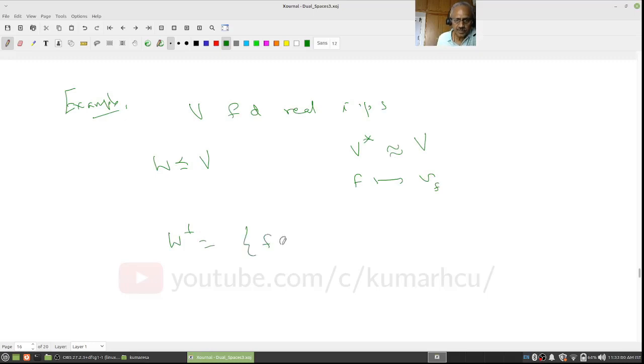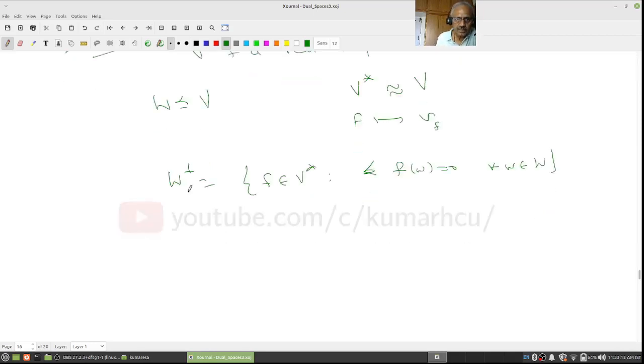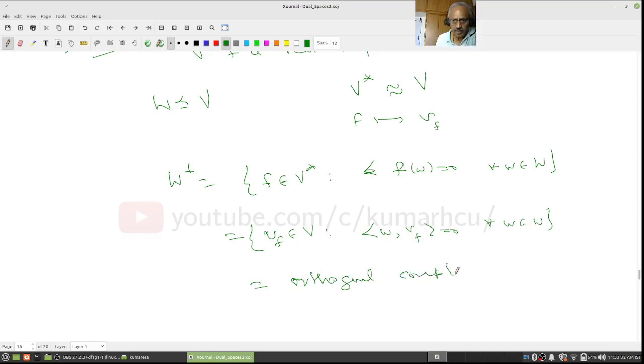W perp is the set of all f in V star so that the inner product of f of w is 0 for every w in W. But this is nothing other than v_f in V so that f of w, that is, the inner product of w with v_f, is 0 for all w in W. But this is the orthogonal complement of W in V. This is the set of all vectors v_f which are perpendicular to W. You understand that?